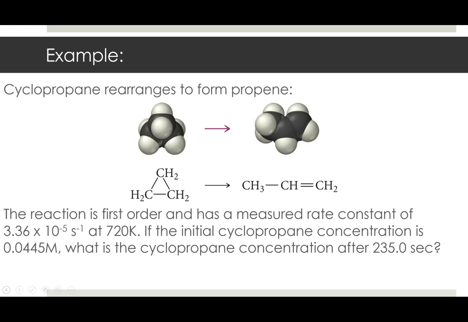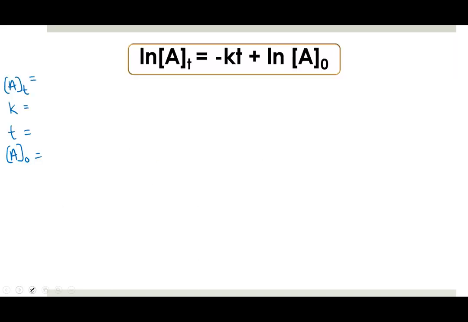All right. First order reaction, so we're going to use the natural log equation. It has a rate constant of 3.36 times 10 to the negative fifth. So that's our k. It's still first order, so 1 over seconds is the unit for that.